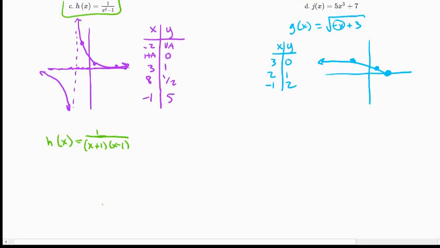Then when I'm trying to graph this, I know that there are two vertical asymptotes at -1 and +1, because both of those are x values that would make the denominator 0, which would be bad. So I can have any x value but -1 or 1. For the domain, it's going to look a little bit ugly, but -infinity to -1, -1 to 1, and then 1 to infinity.